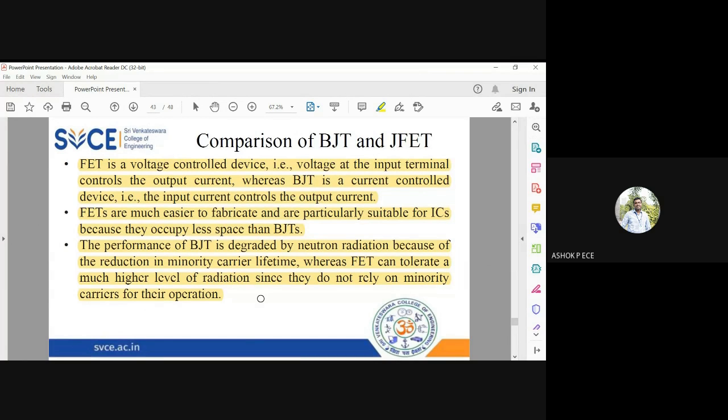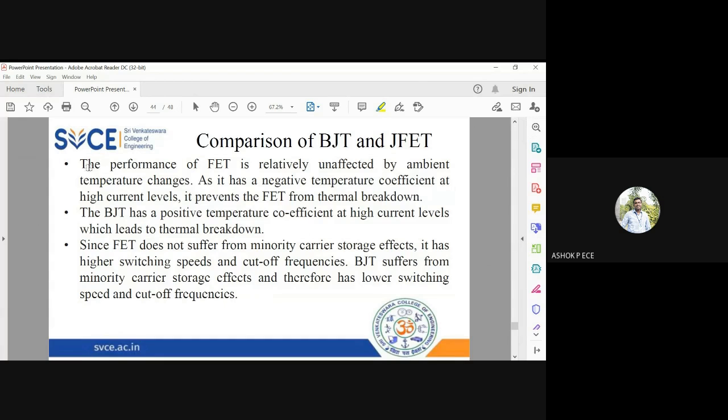We are not considering the effect of minority carriers in FET. And relatively, when the temperature is going to change, FET is almost unaffected, but BJT you have that effect. When temperature is going to increase, the current is decreasing in FET, so it has a negative temperature effect. But in BJT as the temperature is going to increase, current will also increase, which leads to thermal breakdown.